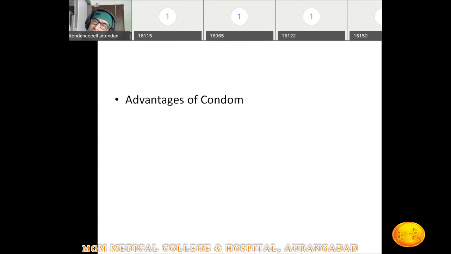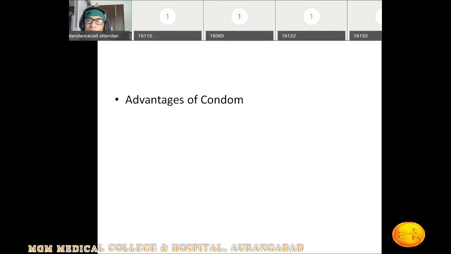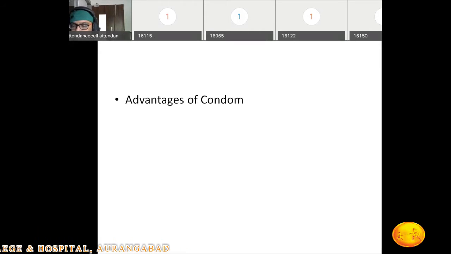At the same time, the cost of Nirodh is around 4 to 5 rupees. So barriers are cheaper than all the other methods.